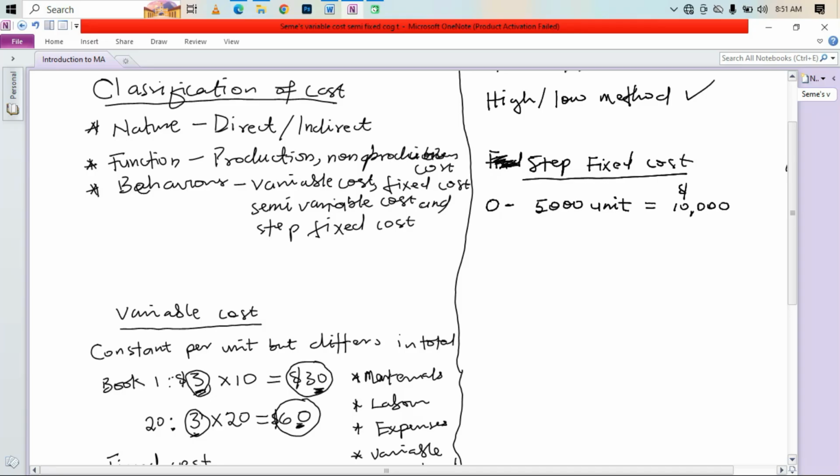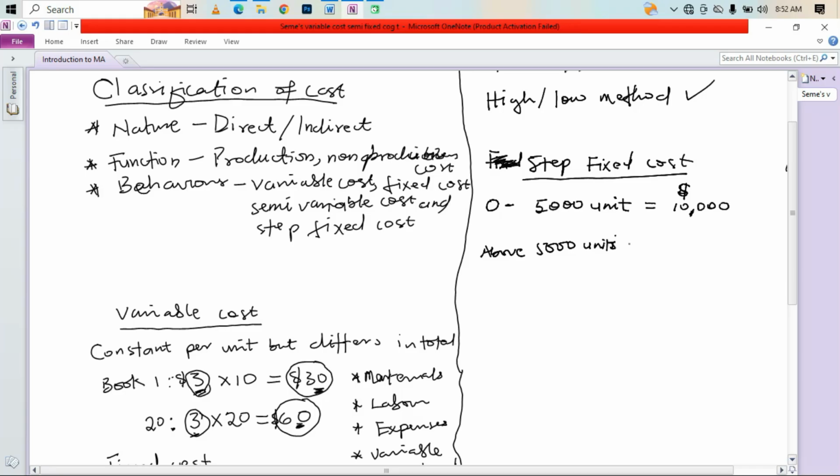That means if we produce this many units or less, the warehouse that we are going to store them in is costing us $10,000. Now if we produce more than this 5,000, for example, above 5,000 units.